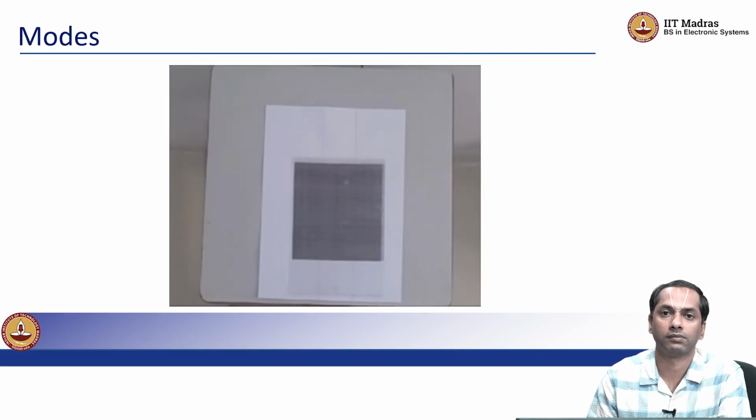I have overlapped the two films on top of the sheet of white paper, and now if I twist one of the transparencies, indicating one plane wave, with respect to the other, please note the patterns that we observe.